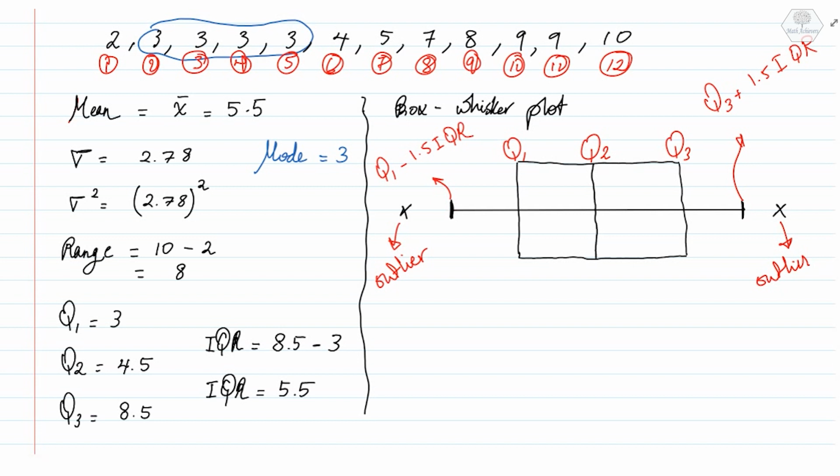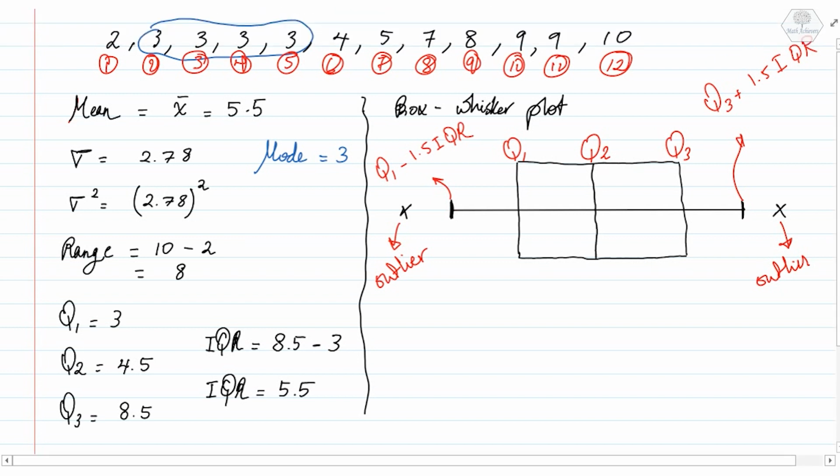So let's fill in my box and whisker plot for our data set. The Q1 I have is 3. The Q2 is the median, which I have as 4.5. And the Q3 is 8.5. For my data set, I don't have outliers because the 10 won't be greater than Q3 plus 1.5 IQR.